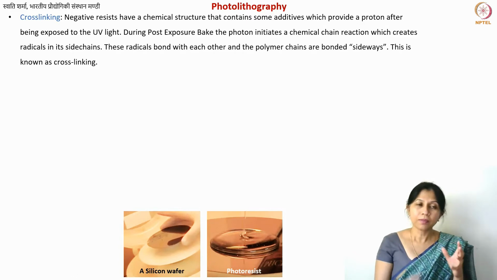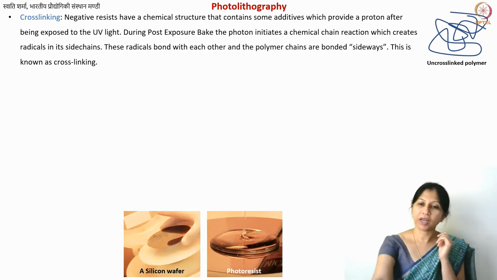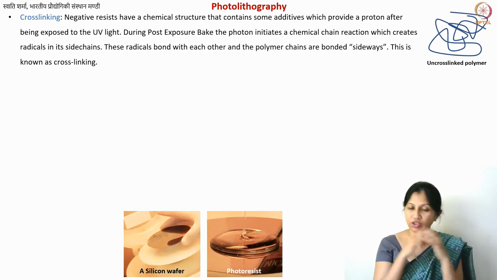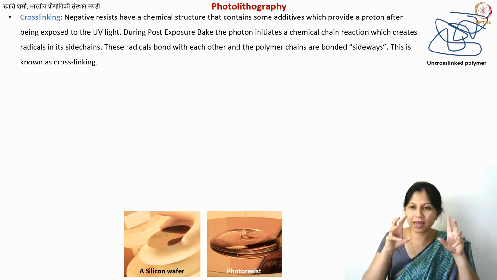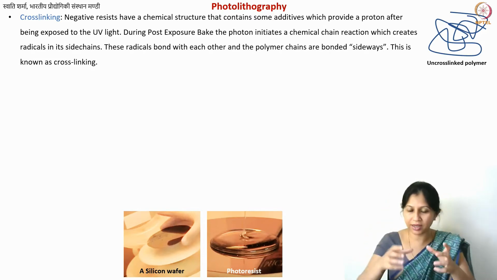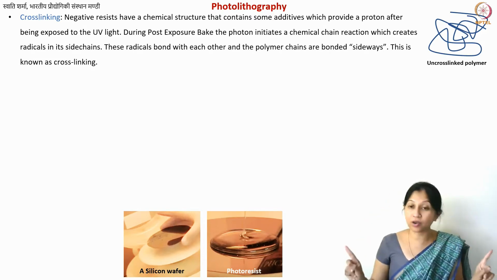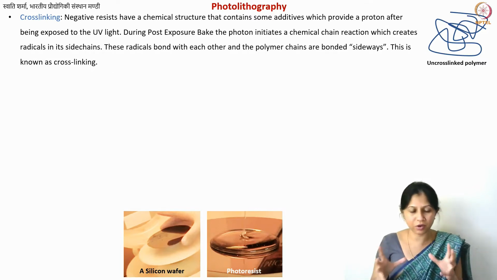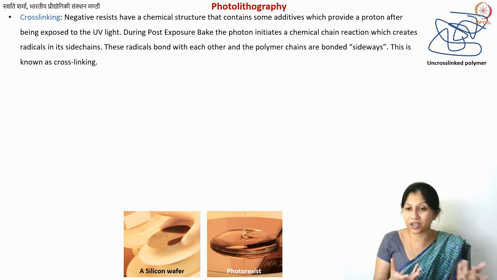So think about a polymer chain, these chain-like molecules. What if they had some sort of functional groups on their sides? So long chains, but on the sides they have certain functional groups. What are functional groups? They are something that can react, something that can perform a certain function.